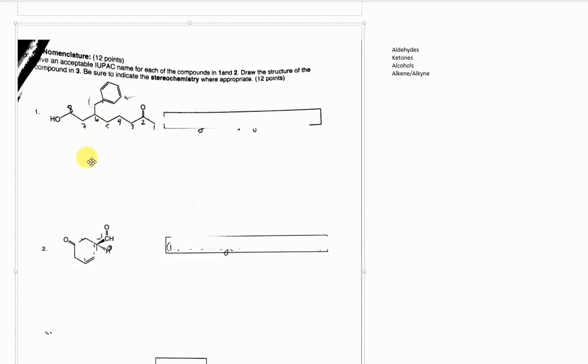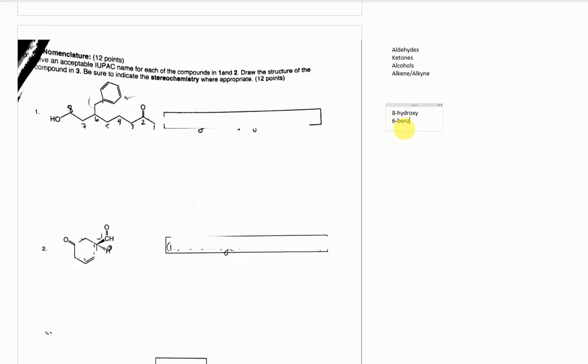So we have, okay, so I have an 8 hydroxy group, and I also have a 6. And so whenever you have a benzene ring that is a substituent and it's separated from the parent chain by one carbon group, so one CH2, like what we have here, we have a CH2, and then we have the benzene ring.